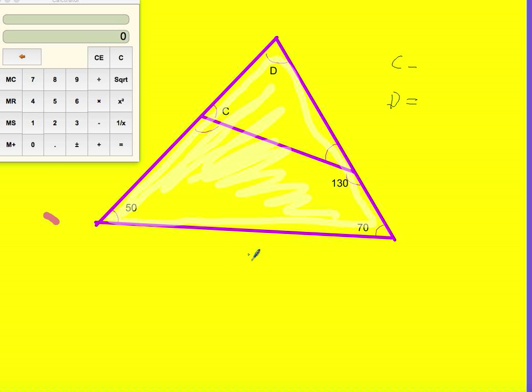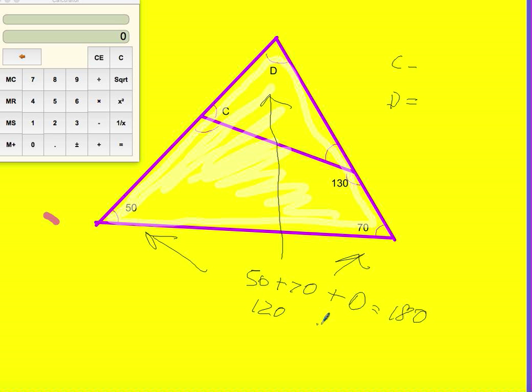So 50 plus 70, which is this and this, plus D equals 180. 50 plus 70 is 120, plus D equals 180. Therefore, D equals 60 because 60 plus 120 is 180. So D is 60 degrees.